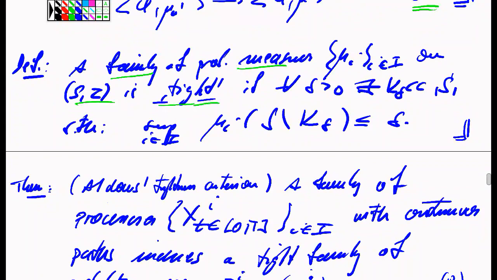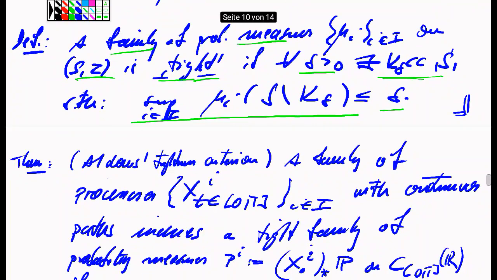Tight, that's the technical term which is sometimes used in the probability literature to describe this uniform concentration on a fixed compact set, if and only if exactly this Prokhorov condition is satisfied, namely for all positive threshold values or error levels delta, we find a compact subset such that the probability measures concentrate on this compact set up to an error of maximal delta.